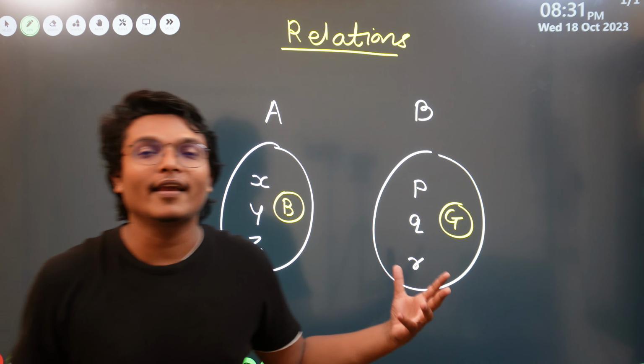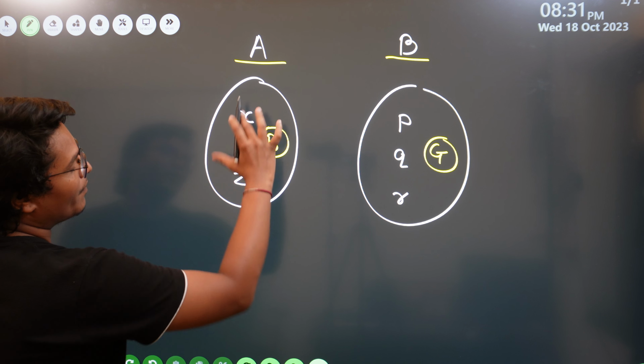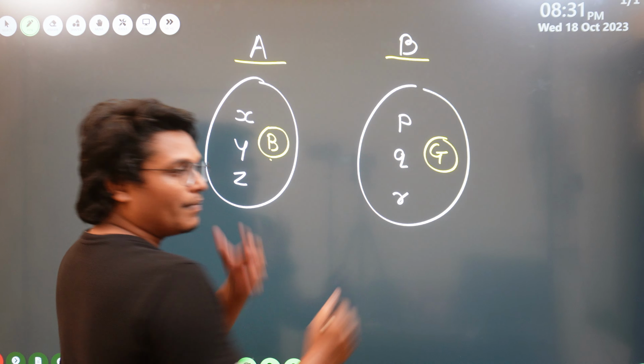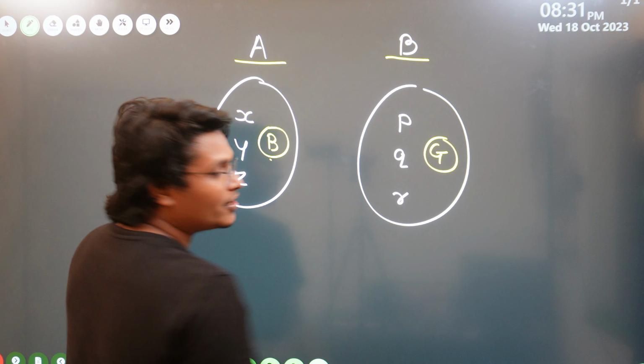There is a wedding between two families: the first family is A, the second is B. X, Y, Z are members of the first family. B is the bride. P, Q are members of the second family, and G is the groom.